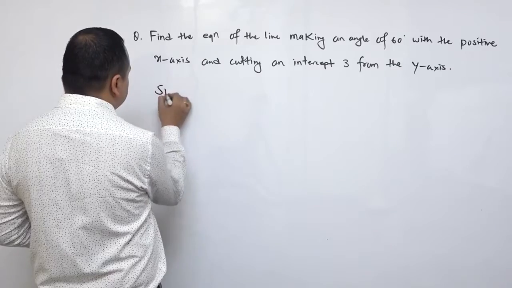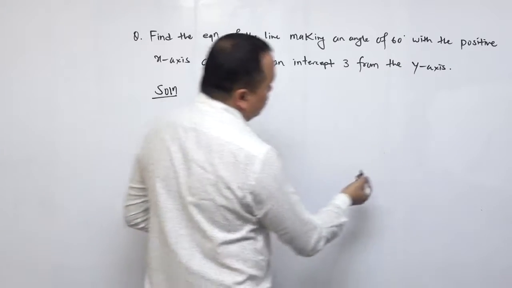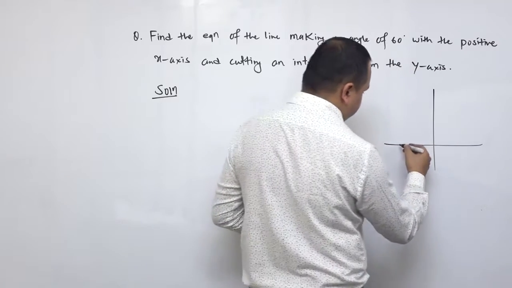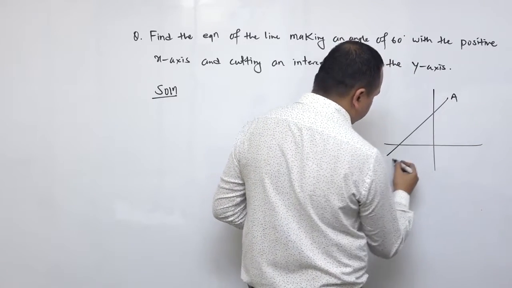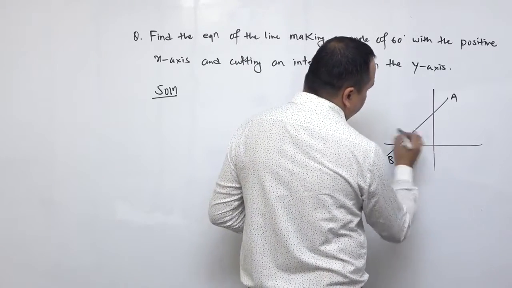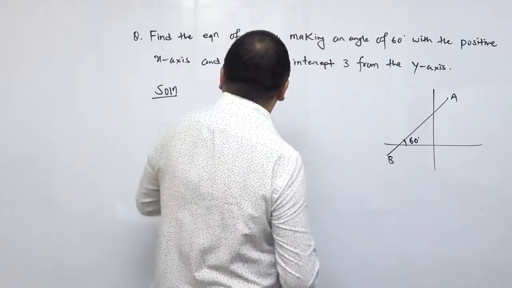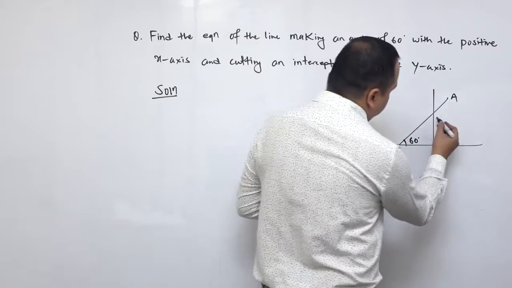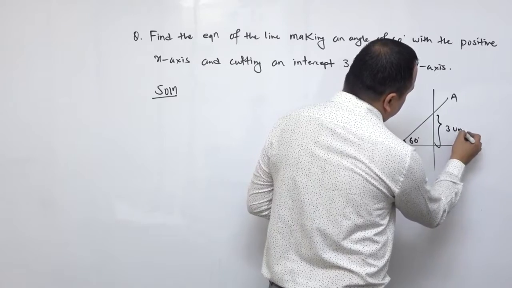Solution. We have a line AB which makes an angle 60 degree with the positive x-axis and cuts an intercept 3 from the y-axis. This is 3 units.